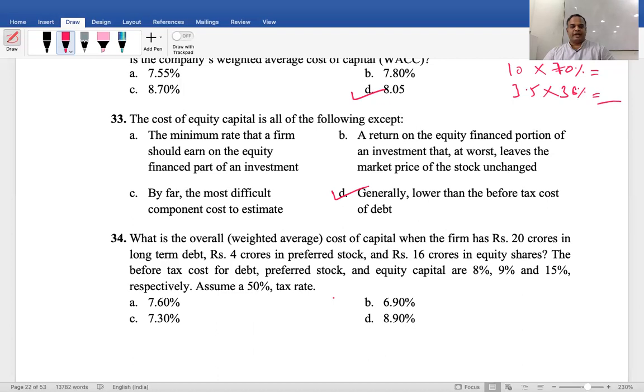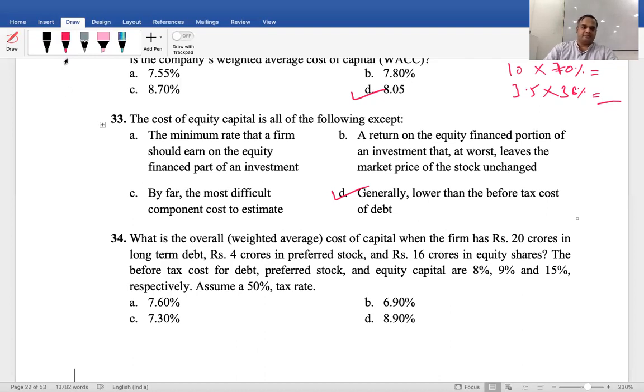Third column, ratio: 20 by 40, 4 by 40, 16 by 40. So multiply and find weighted average cost of capital. 20 by 40 into 8%, 4 by 40 into 9%, and 16 by 40 into 7.5%. Total comes to what is the answer? 8.9.